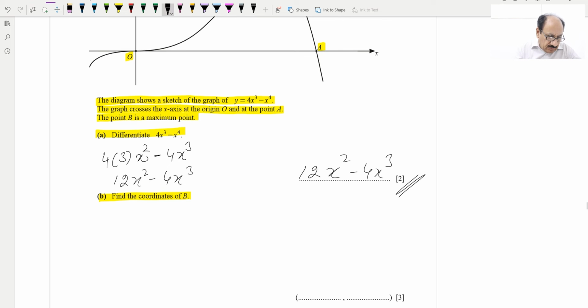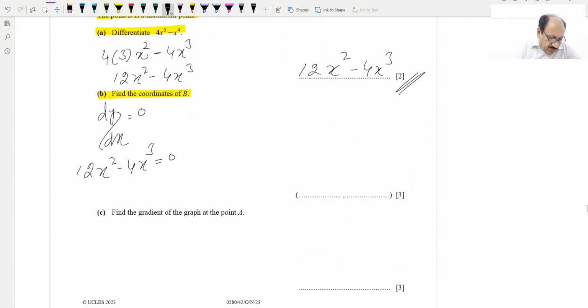So we write dy by dx, the first order derivative, equal to 0, and we have already calculated the first order derivative in part A, so we put it equal to 0. We can write 12x squared minus 4x cubed is equal to 0.